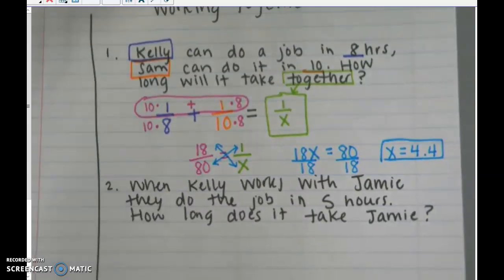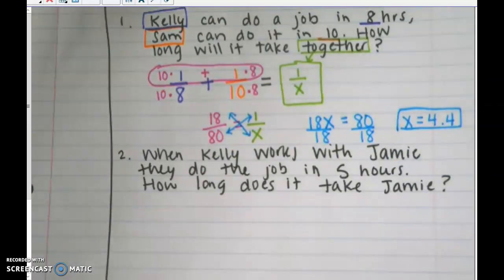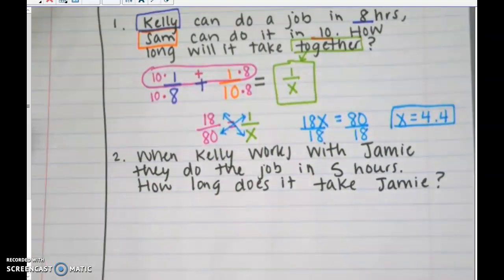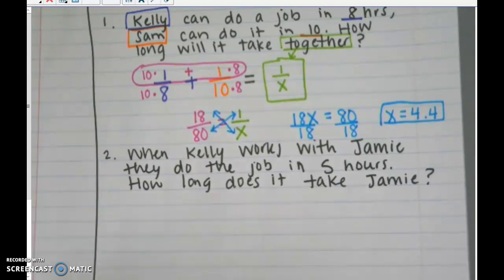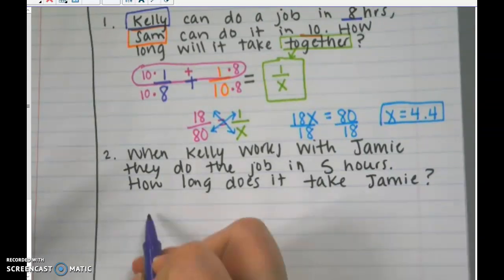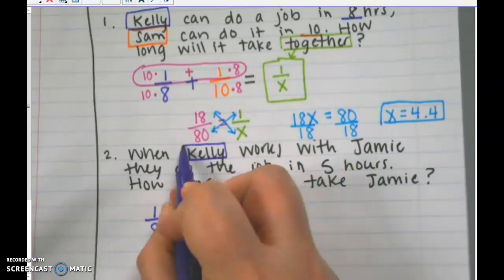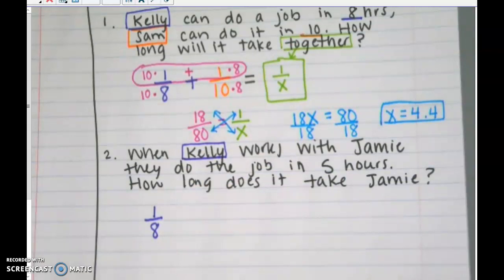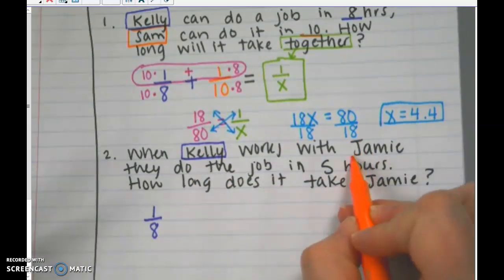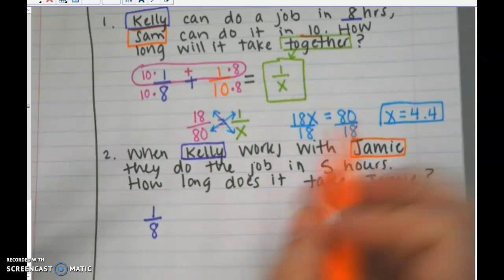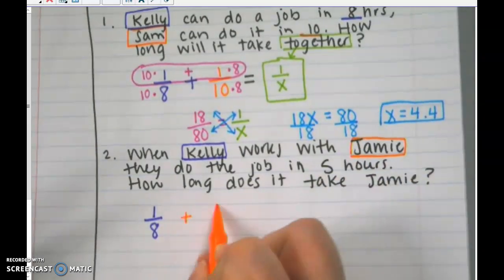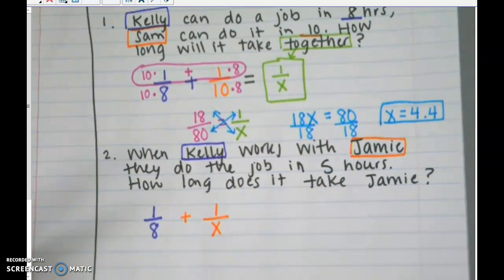All right, the next example, when Kelly works with Jamie, they can do the job in 5 hours. How long does it take Jamie? All right, so in this case, I have Kelly's is still the same rate. Kelly can do the job, one job in 8 hours. But in this case, I don't know how long it's going to take Jamie, which means I don't know what I'm adding to Kelly's rate.